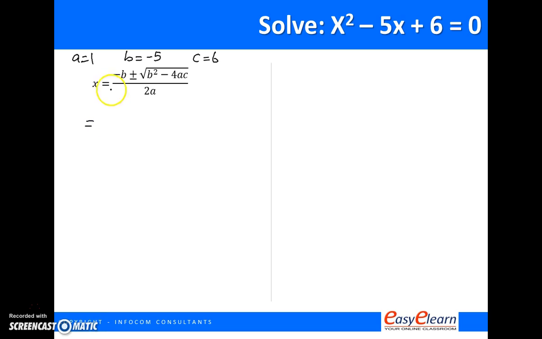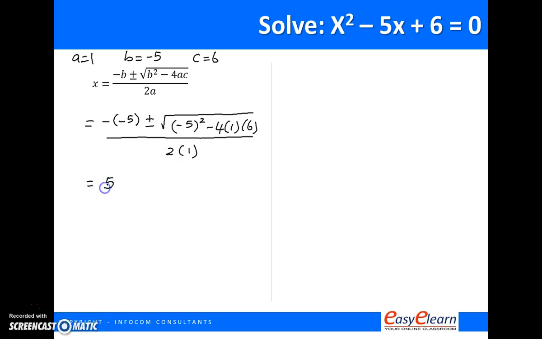So your x value, by substituting in this formula, is minus 5, because the b is minus 5, plus minus square root of minus 5 squared, minus 4 times a which is 1 and c which is 6. Divided by 2 times 1.